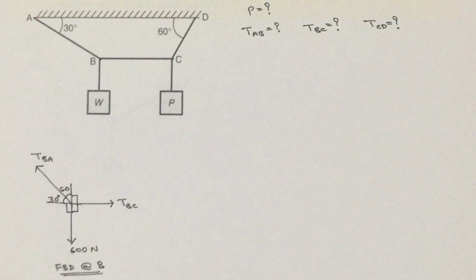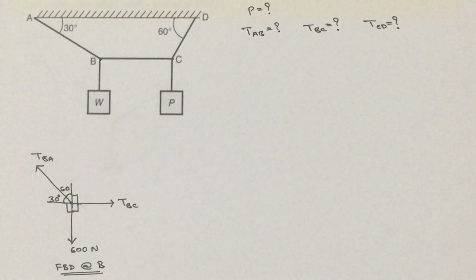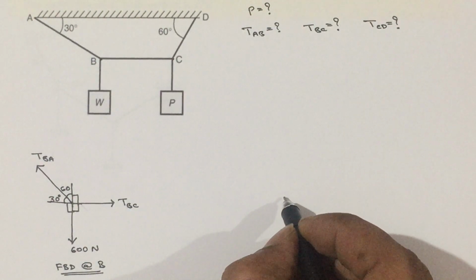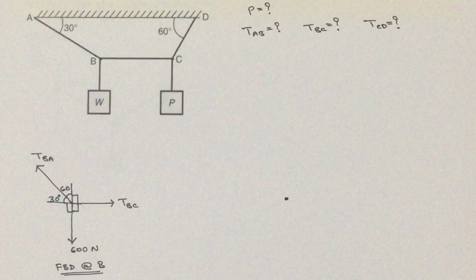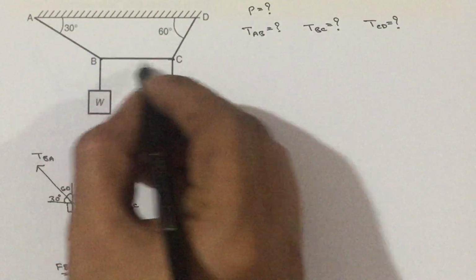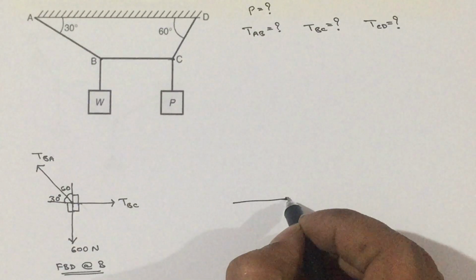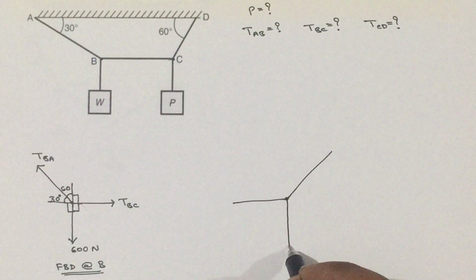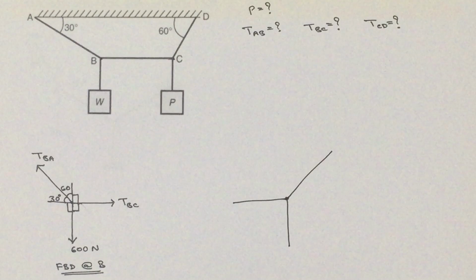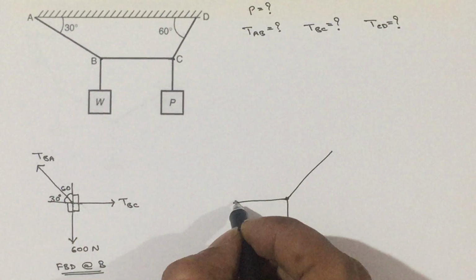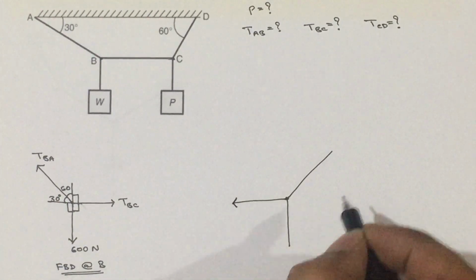Then, like that, write the free body diagram at C point. Just write a point, C point, then the connected lines, this line as well as this line. 1, 2 and 3. Then direction. This CB is subjected to tension, so outside arrow.